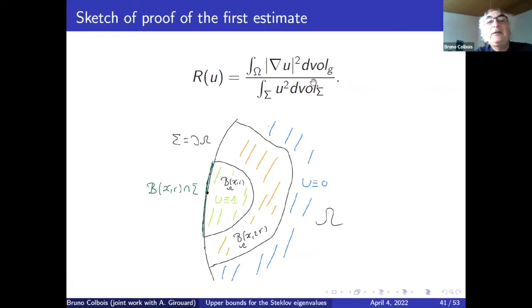Another problem is that you integrate on Omega. The gradient is 0 in the blue part, 0 in the green part, and it is only in the orange part that there is something. However, you know little about the geometry. The unique information you have on the geometry of Omega is the volume. But the volume of a manifold can be completely concentrated in a region.